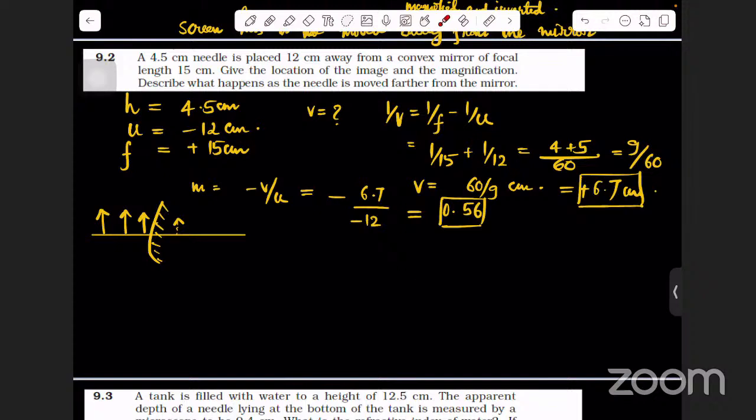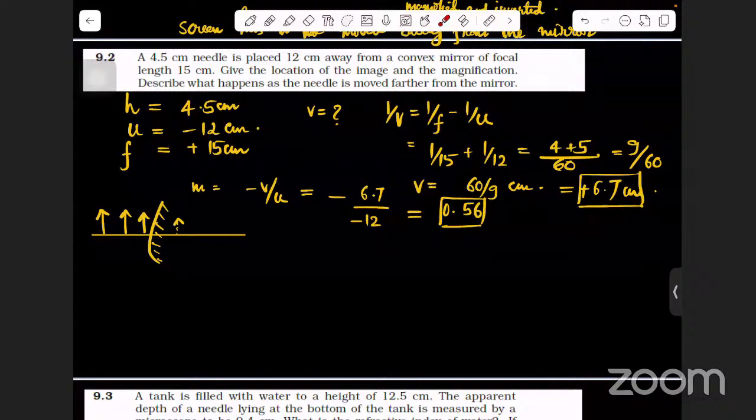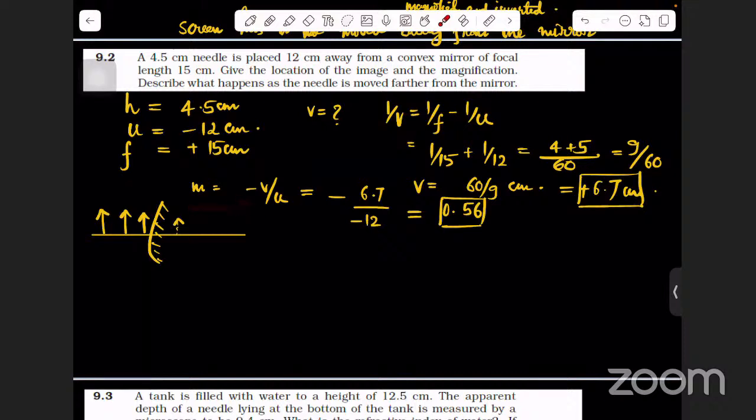You can also put different values of u in this equation and find out different values of v, and you'll find that for a convex mirror, if the object is moved away from the mirror, the image will also move away from the mirror, right? So as the needle is moved farther from the mirror, the image will also move away from the mirror, in the opposite direction, of course.